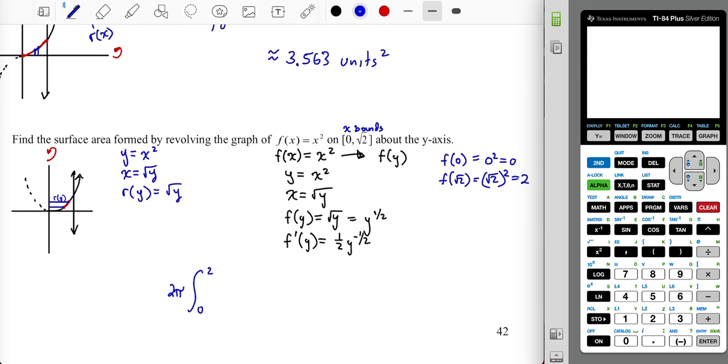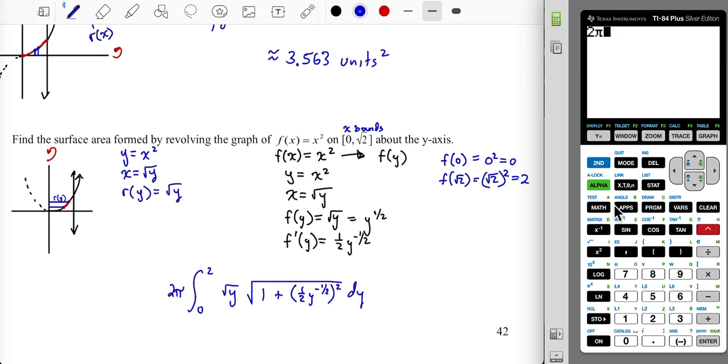So going from 0 to 2, r of y, so the square root of y, multiplied by the square root of 1 plus 1/2 y to the negative 1/2 quantity squared dy. So that's what I'm going to run through the calculator.